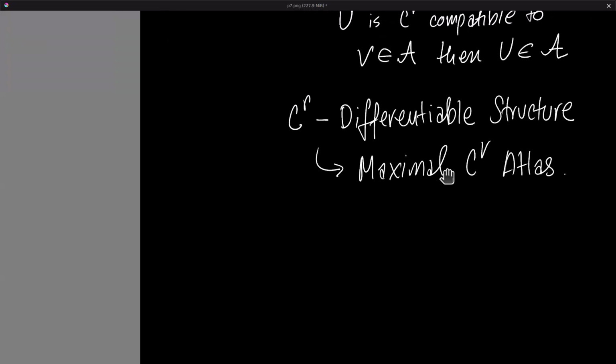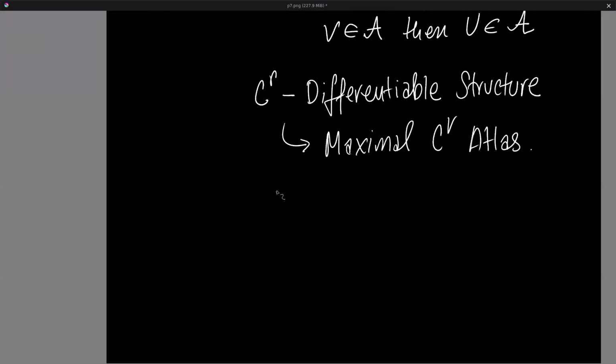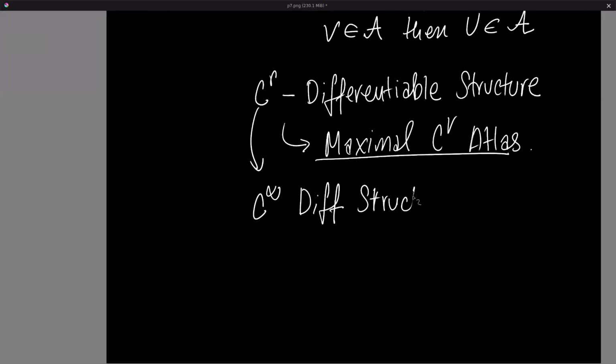And there could be more than one. There could be more than one set of charts that are all compatible with each other but not compatible with the others. So the maximal CR atlas is called the CR differentiable structure. If we instead have a C infinity differentiable structure, you could also call that a smooth structure.